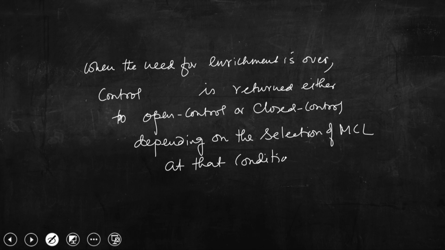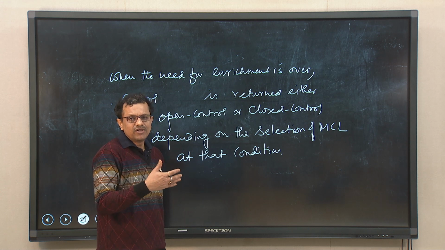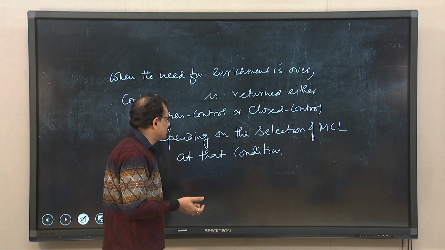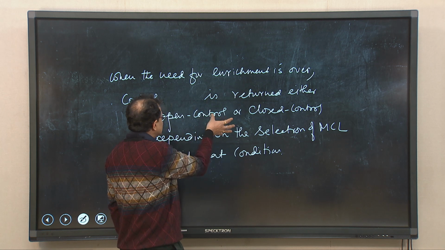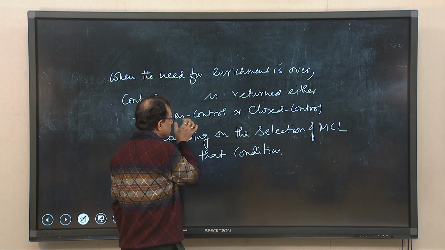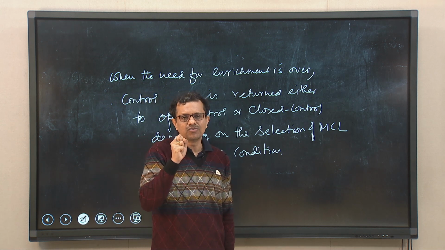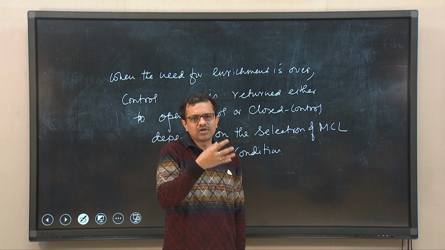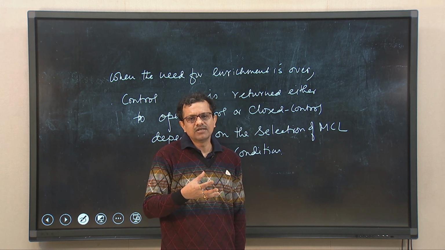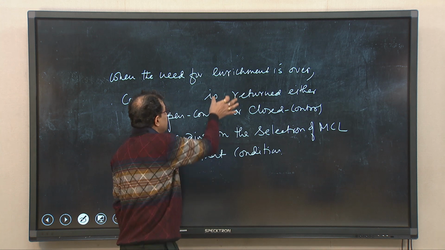So, if the heavy load requirement is over, the engine will now encounter another condition. At that particular condition the control has to return either to open control or closed control depending on the selection of the mode control logic. The controller will allow the mode control logic to again map to either M1, M2 or M3 mode depending on the state of the condition, once that particular period is over.